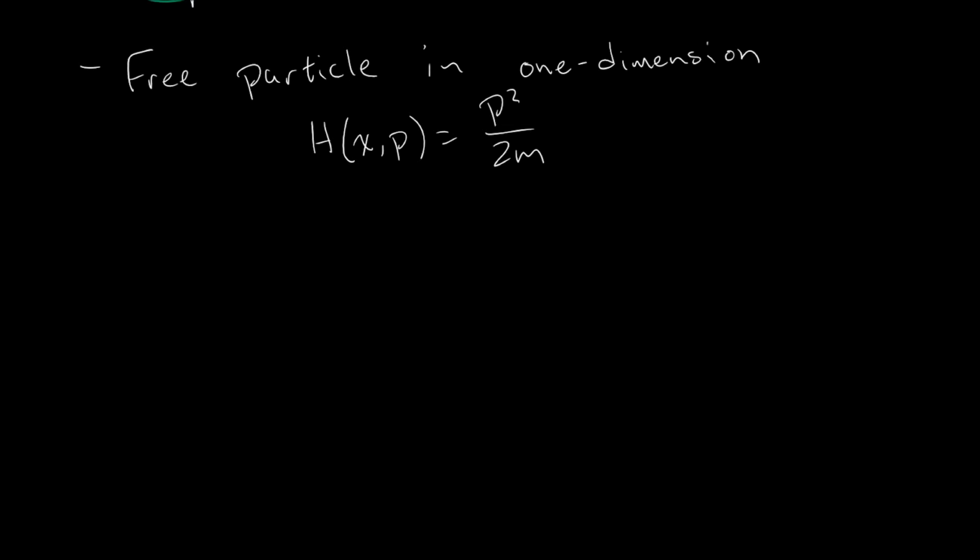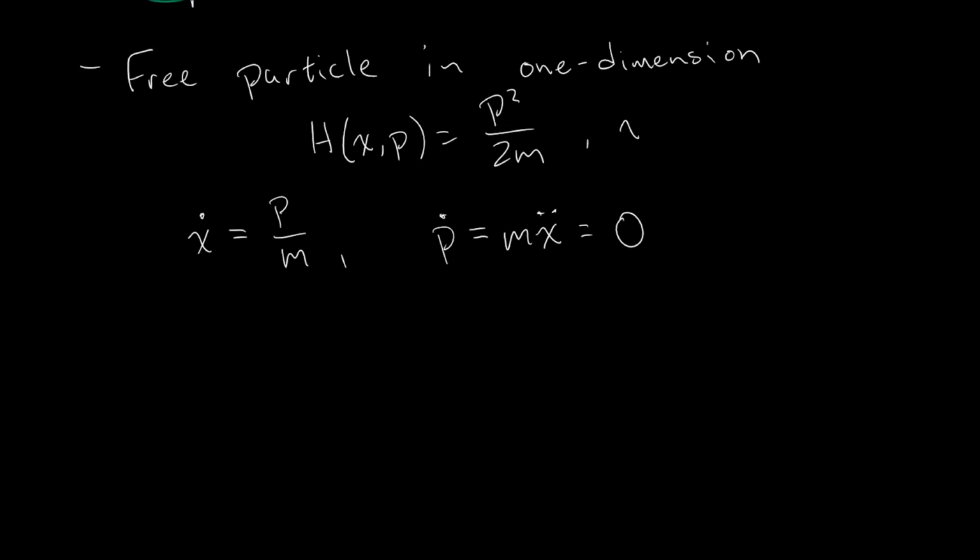Hamilton's equations are particularly simple. We just find that x dot is again p over m, and then p dot is, of course, m x double dot from this first equation. And from Hamilton's equation, there's no dependence on x here, so this is just 0.